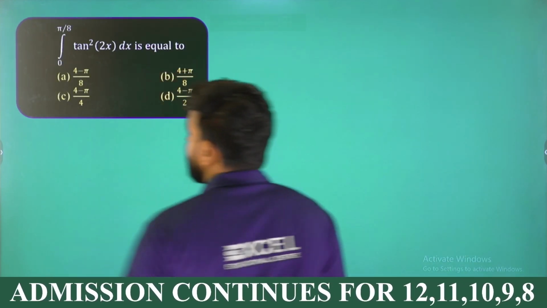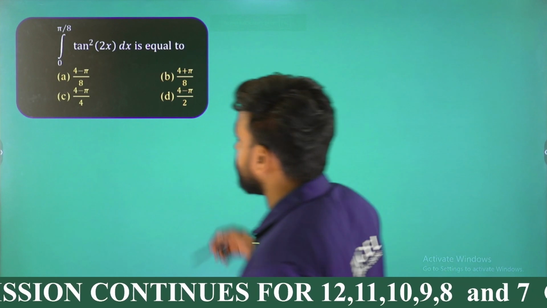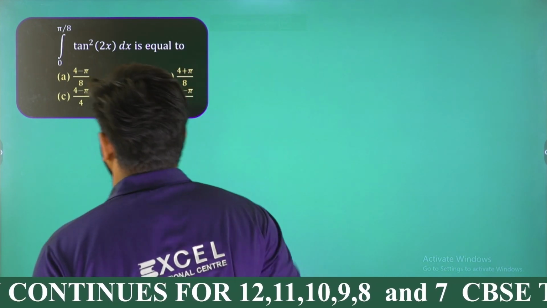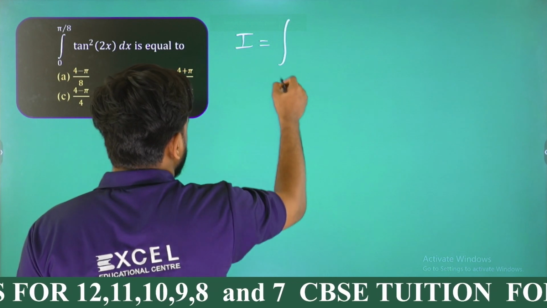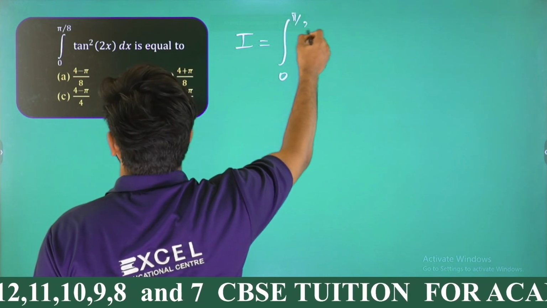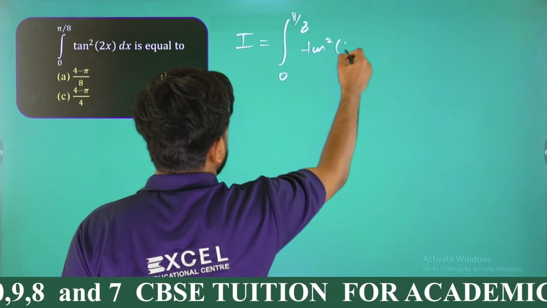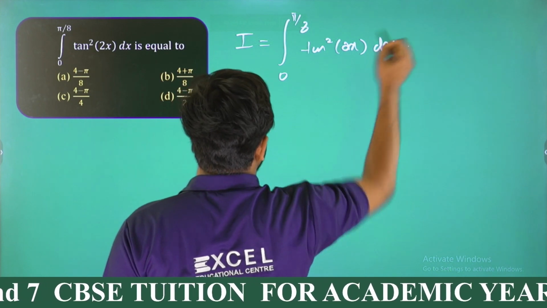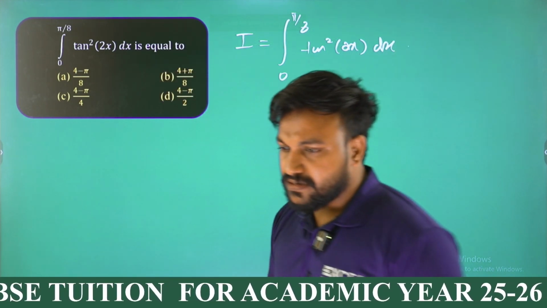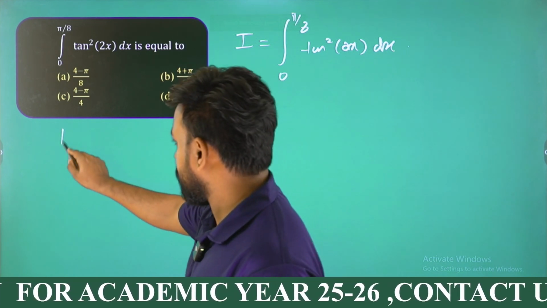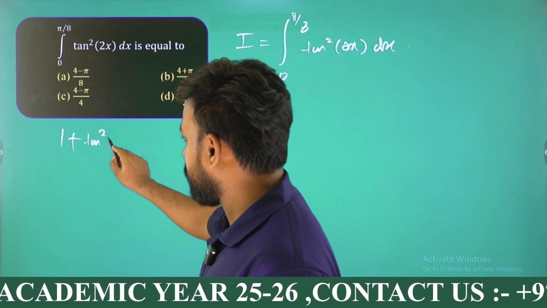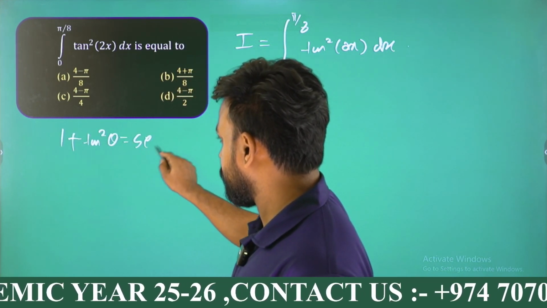So listen, next question. Here is one more question using definite integrals. Integral from 0 to pi by 8 of tan square 2x dx. So here there is a trigonometric application also. I think you all know 1 plus tan square theta is equal to sec square theta.